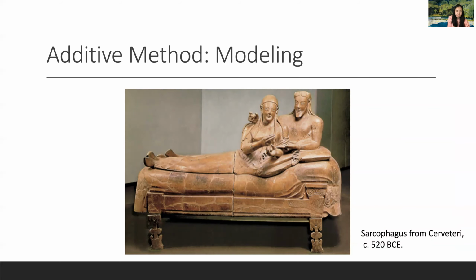And modeling in clay and wax is an additive process. The artist builds up the work by adding material. Clay and wax are pliable enough for sculptors to model them with their hands.